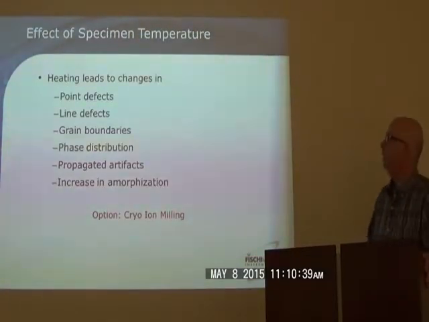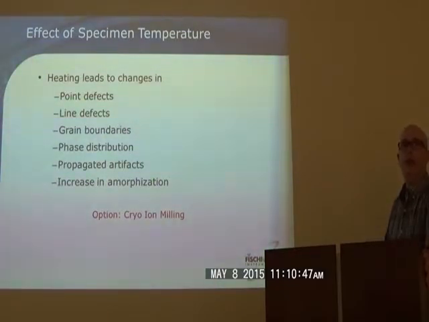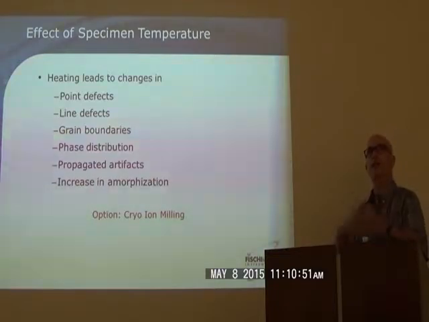Next slide, please. As far as that effective specimen temperature that we noted on an earlier slide, what happens under an ion beam? Believe it or not, you can have heating due to the interactions of the sputtering process, and folks have measured as much as 100 or 200 degrees centigrade right where the ion beam is contacting the material.